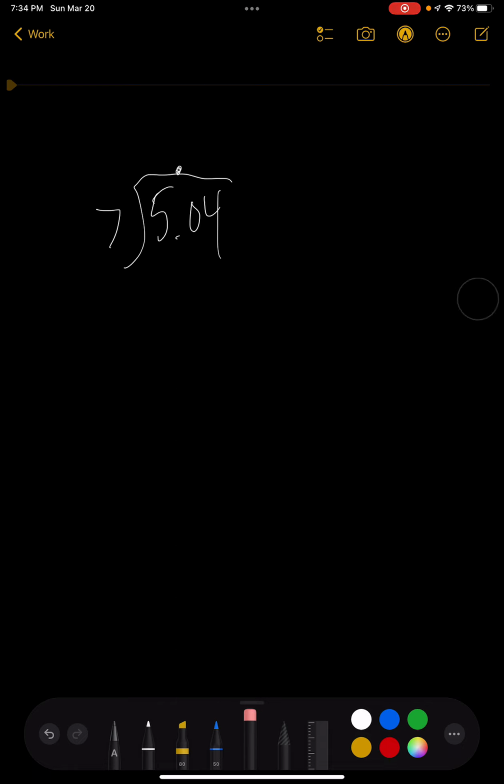All right, now let's talk about the division part of it. 7's not going to go into 5, so I'm not going to have any wholes. I'm going to have a piece, something less than a whole. So 7 can go into 50, though, and it looks like a 50, but it's not a 50, right? Because under the bar, it's actually 5 and 4 hundredths. But when you think about whole numbers, 7 times 7 is 49, right?